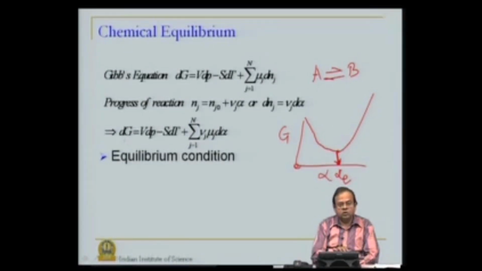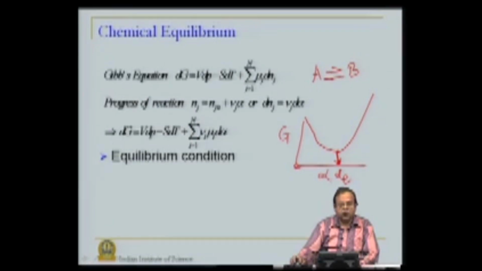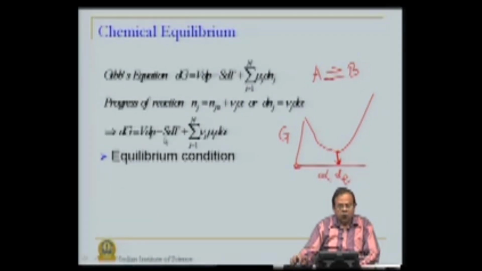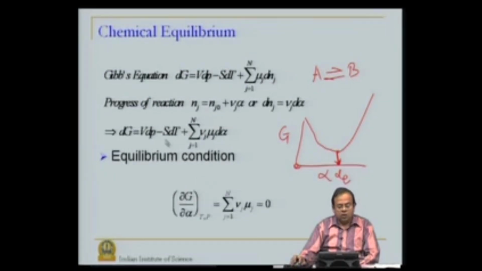We have the Gibbs equation, which we have represented in this particular form: dG equal to the summation of nu_j mu_j d alpha. If we are looking for that value of alpha at which the free energy is minimum, then mathematically this condition can be expressed as the partial derivative of G with respect to alpha at constant temperature and pressure.